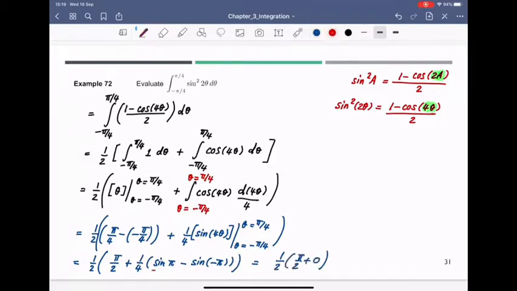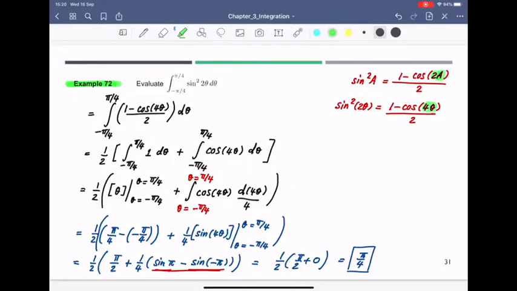This term ends up with 0, which means your answer is clean enough. So the answer is pi over 4. Sounds good? So this is example 72.